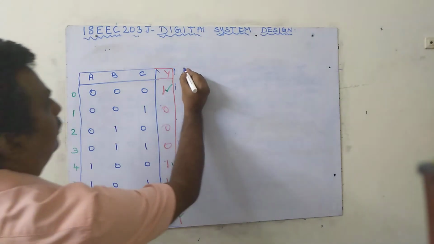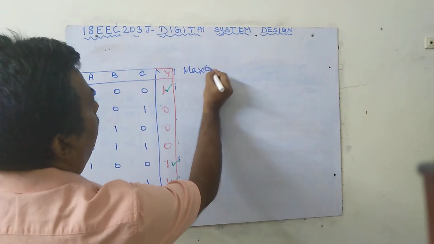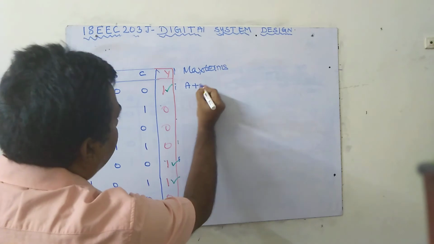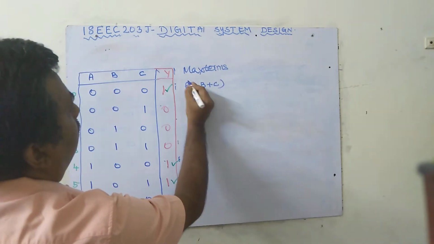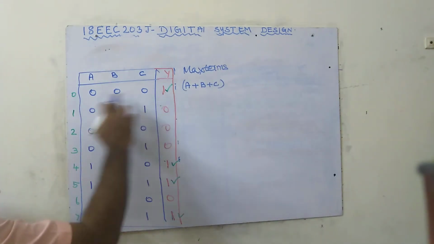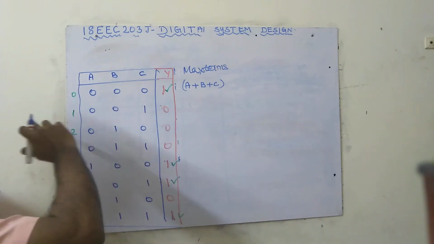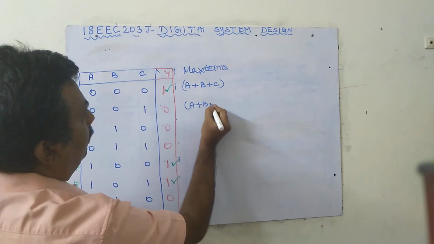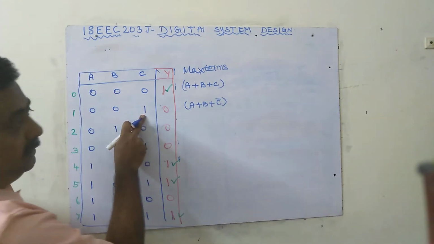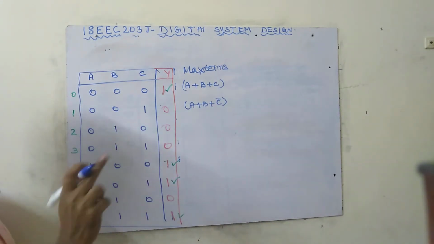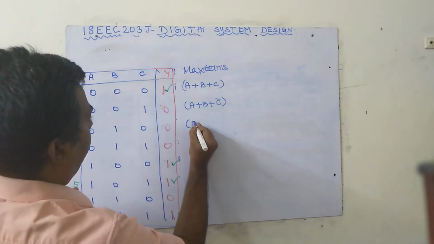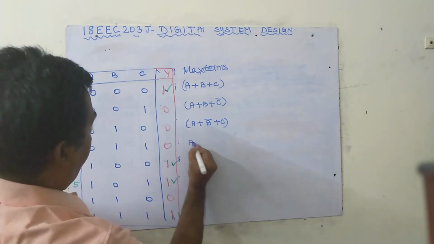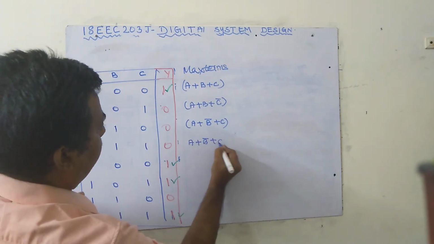So what are the max terms? For the first combination it is A plus B plus C. For the next combination, A plus B plus C bar. Why C bar? Because it is 1, and 1 should be given with bar letters. Next A plus B bar plus C. Next A plus B bar plus C bar.